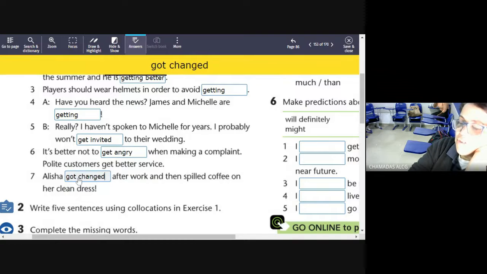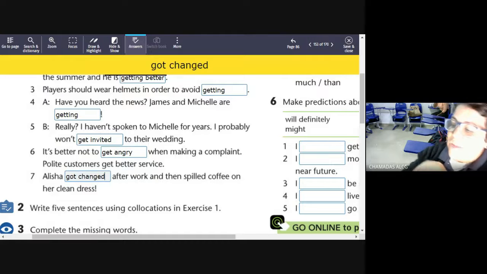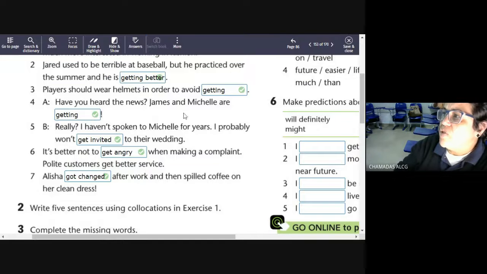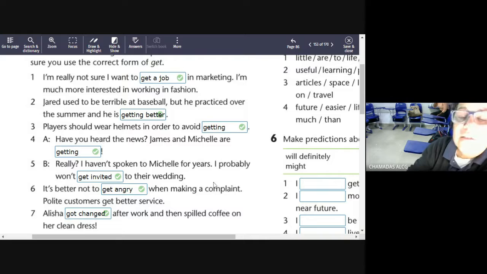So you see, bad luck, isn't it? After you get changed, then you spill coffee on your new dress or clean dress. That's really bad. Okay. So here, checking all the answers. This was exercise number 1, unit 7 review. Collocations with get.